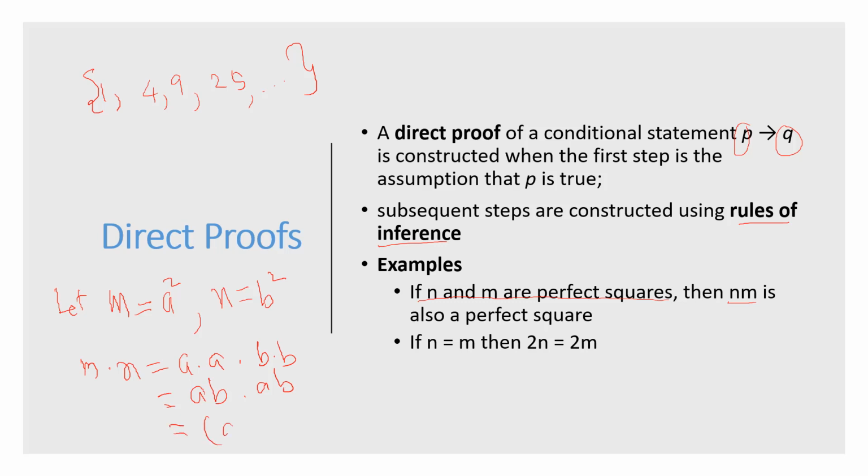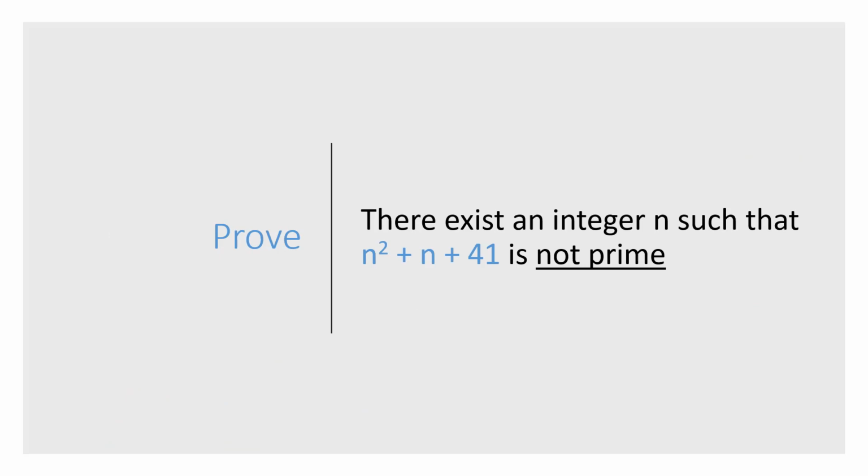This means that this is equal to (ab) squared, and if you let ab equal some c, this means it's c squared. And that means, by definition, mn must be a perfect square. All right, so similarly, you can prove things like that.